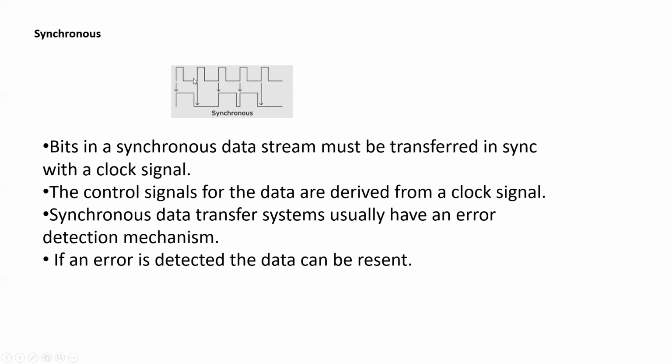As in the diagram we can see, this is synchronous communication. In this type of communication, a whole block of data bits is transferred at once instead of one character at a time. Bits in a synchronous data stream must be transferred in synchronization with a clock signal. Clock signal means there is a 0, 1, 0 type of signal.